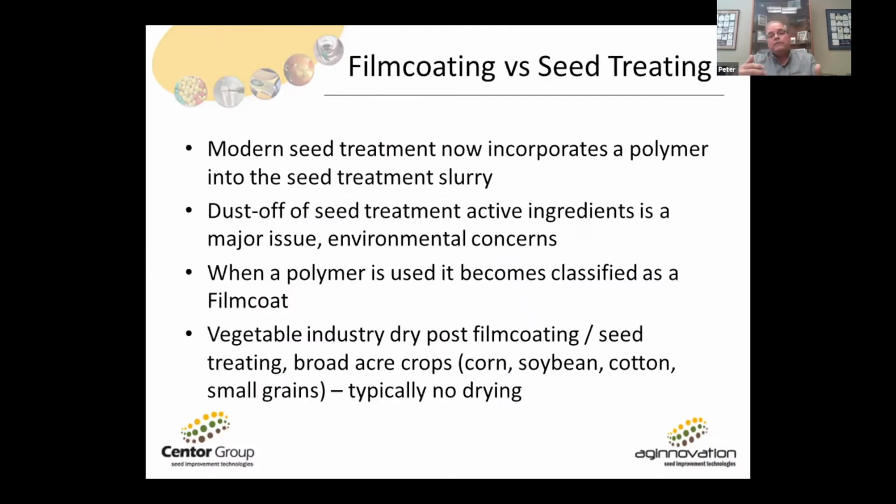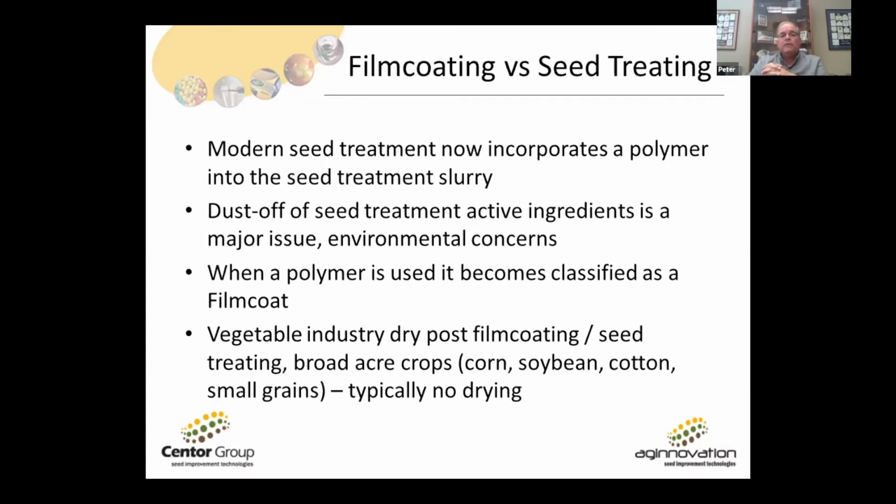So, film coating versus seed treating: today we incorporate a polymer into the slurry, or into the application of the treatment going on seed. Dust off reduction is the result of using that polymer. When we use a polymer, it's classified as a film coat. If we're not using a polymer, as we did many, many years ago, it was just seed treatment, and that was pretty much done in a cement mixer or some other type of rotating vessel, and we just threw in the treatment and whatever stuck, it stuck.